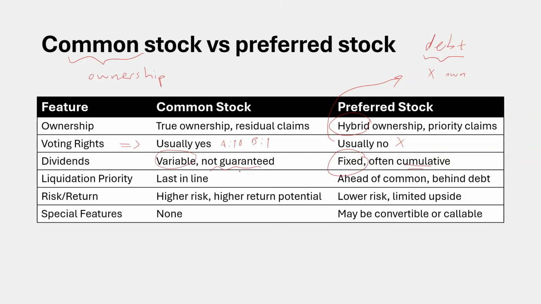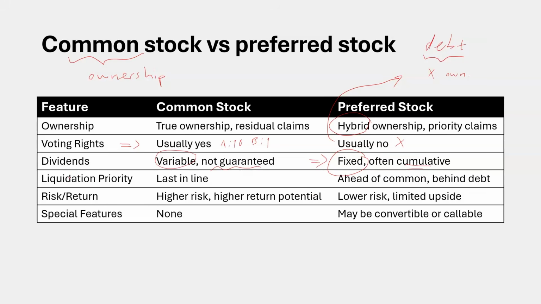So the company is not under obligation to pay dividends unless they have been announced. Okay, so in those cases, they pay nothing if they want. Whereas with preferred stock, there is a fixed dividend structure in place. So you can see that both in terms of voting rights and dividends, preferred stock is closer to debt.